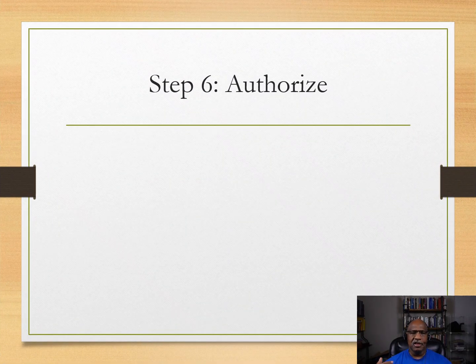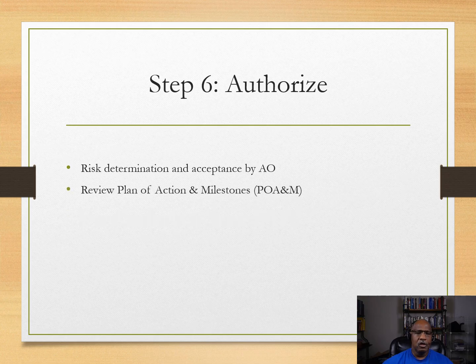And then the next step, step six, would be the authorize step. In this step, you have risk determinations, and you get an acceptance or denial by the authorizing official. You also review a plan of action and milestones, and the plan of action and milestones are those findings. So when you do an assessment of security controls, they either pass or they fail.